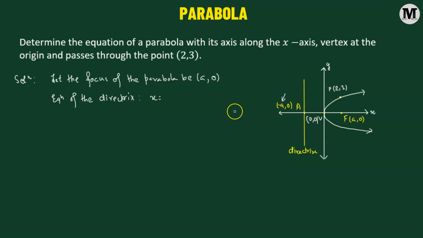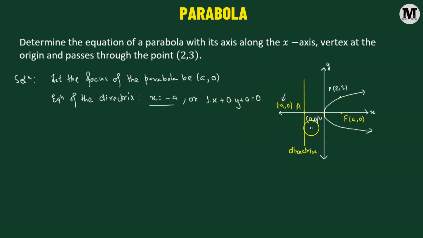Since the x coordinate is -a, the equation of the directrix is going to be x equals -a. Or if we want to express it in the general form of a straight line, that will be 1 multiplied by x plus 0 times y plus a equals 0. It will become evident why we are writing it in the general form in a moment.